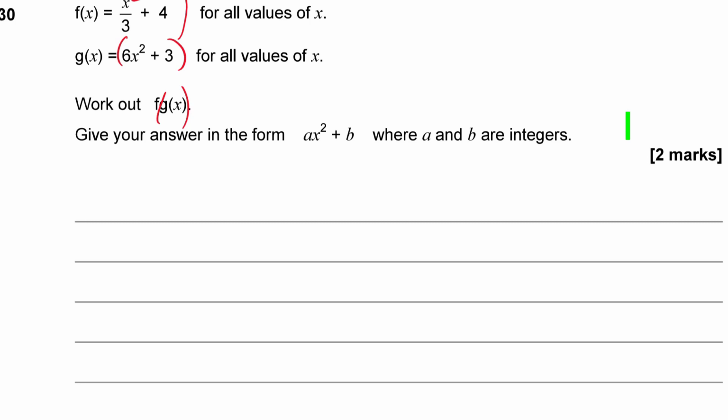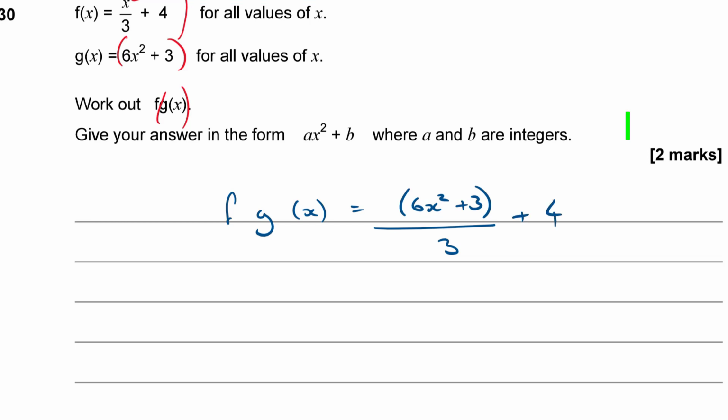Hopefully that makes sense. So fg of x is, where I see the x in f of x, I'm going to write g of x. So that is 6x squared plus 3, all divided by 3 plus 4.